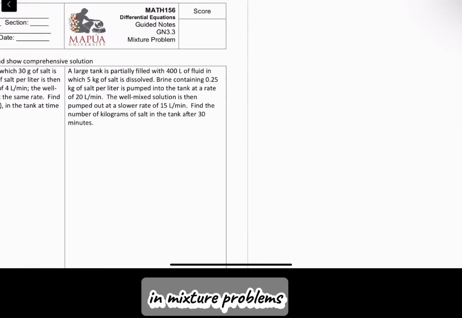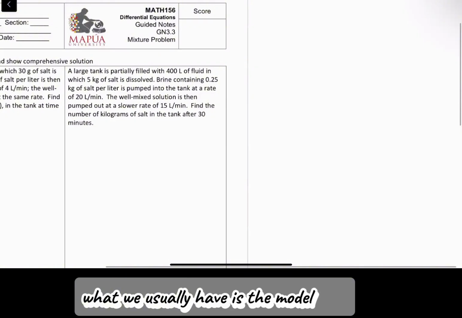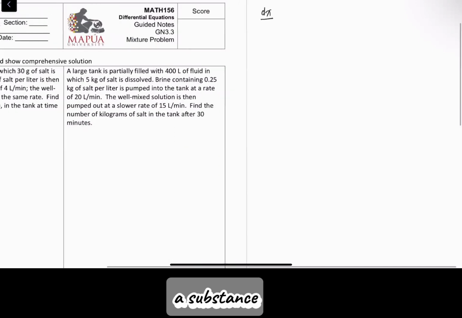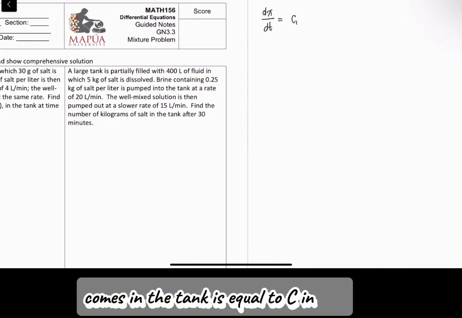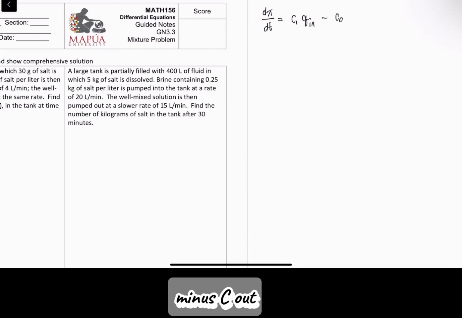In mixture problems, what we usually have is the model that the rate at which a substance comes in the tank is equal to C in Q in minus C out Q out.